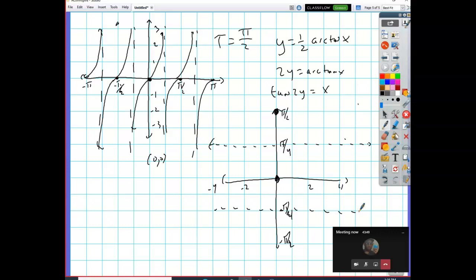So I'm going to go from here towards either this way or that way. How do I know which way I'm going to go? You're going to go that way. Why? We know it's going to be positive here, right? It's going towards positive infinity. So this has to go towards positive infinity. Which way is positive infinity?